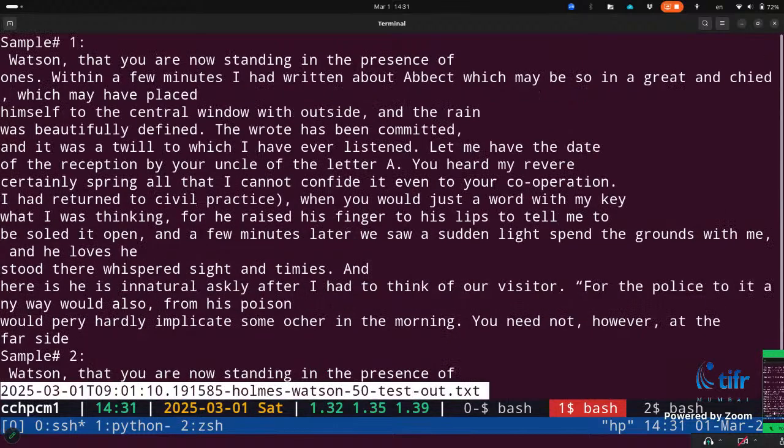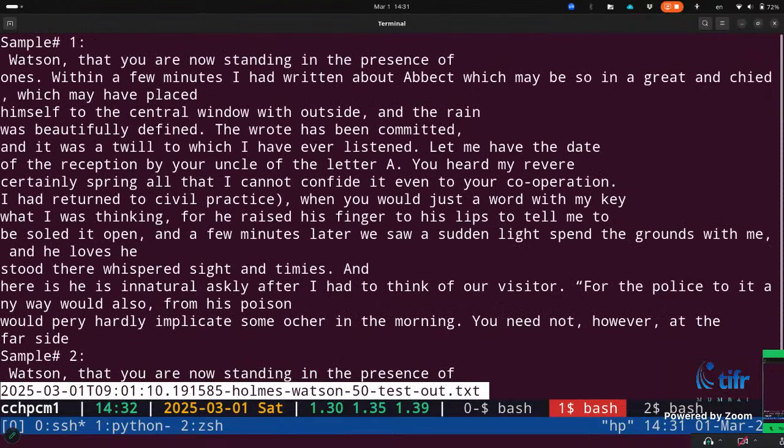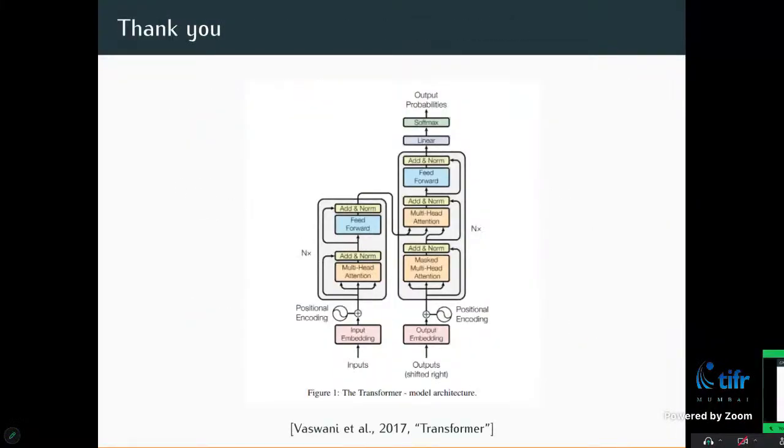Oh, that is not the correct one. Oh yeah, this is also fine. This is slightly different from the previous one, but it's still a much more reasonable output. So at least we managed to get one machine to talk a little bit in half an hour. Let's stop there.